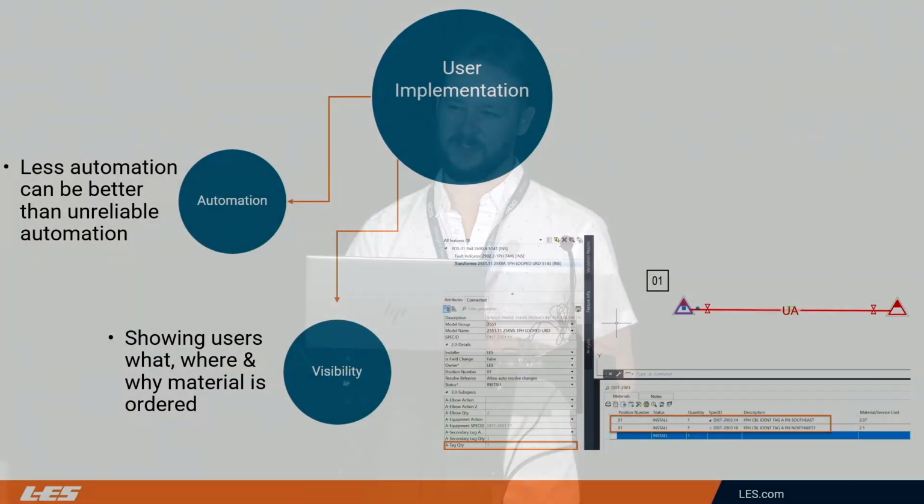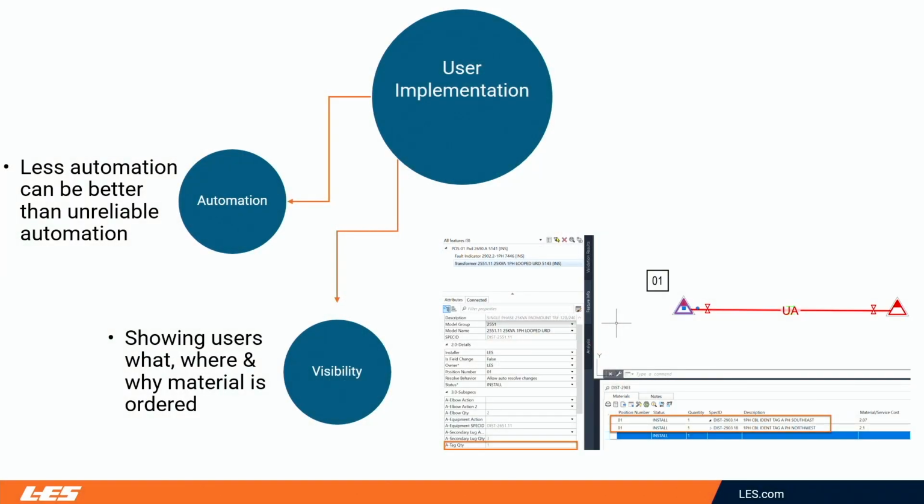So we worked to increase the visibility, make sure that in the feature info screen, all of that information is present for the user, so they know where these materials are being ordered and have the opportunity to change them if need be.